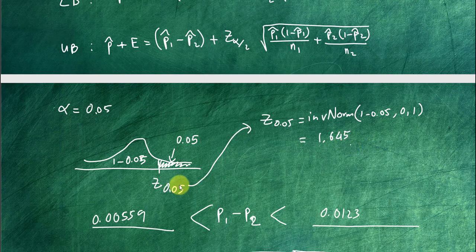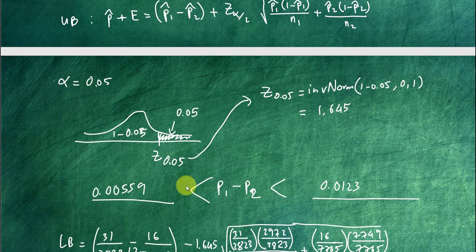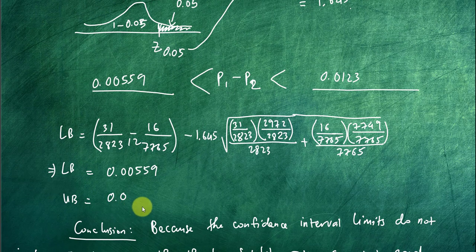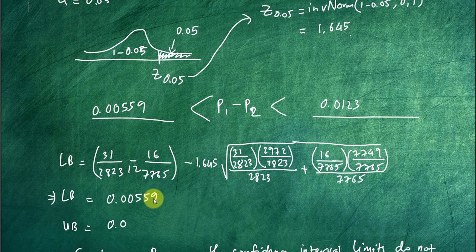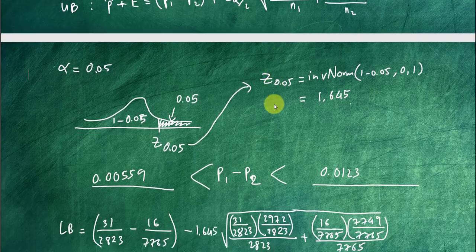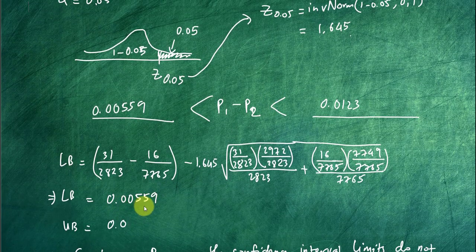So that is my critical value here. So I go ahead and plug in the lower bound and the upper bound. After I plug in everything into this equation, I should be able to get 0.00559 for the lower bound. And if I do the same thing, I should get the upper bound to be 0.0123.